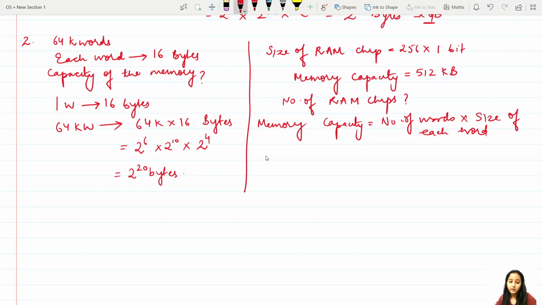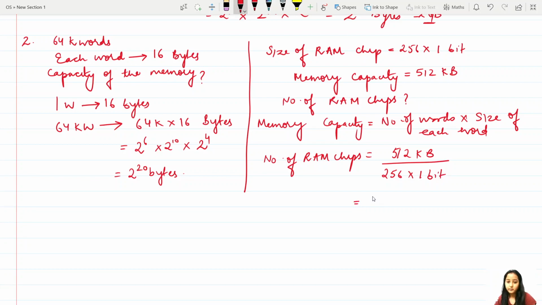So the number of RAM chips will be calculated as the memory capacity 512 KB divided by the size of the RAM chip, that is 256 into 1 bit.